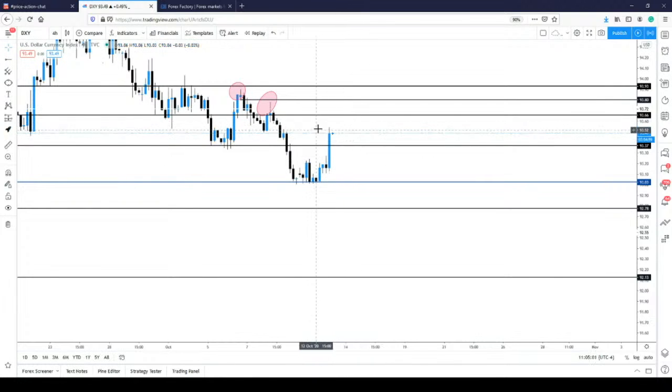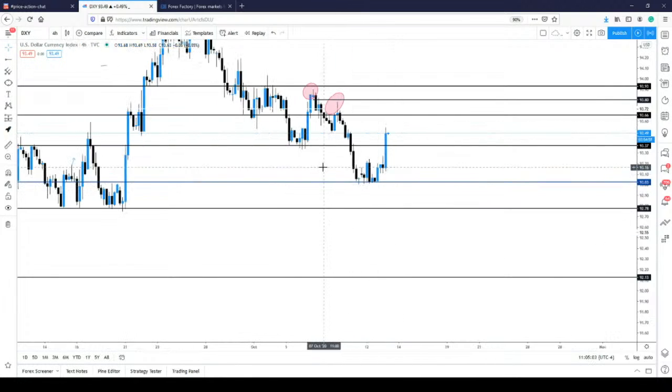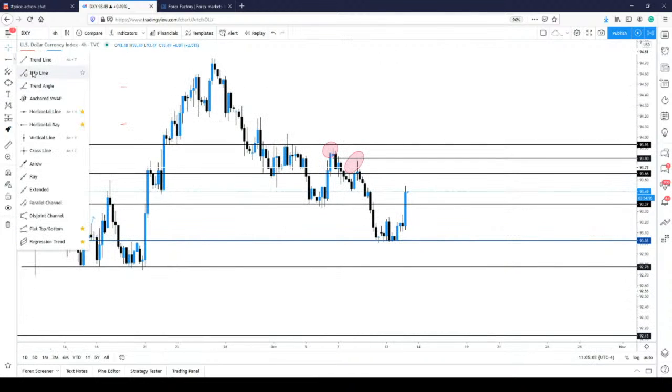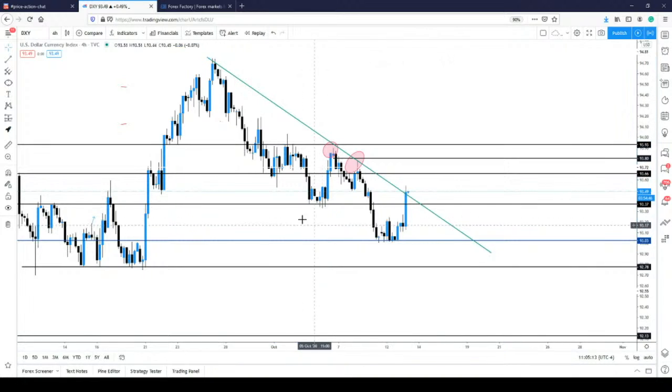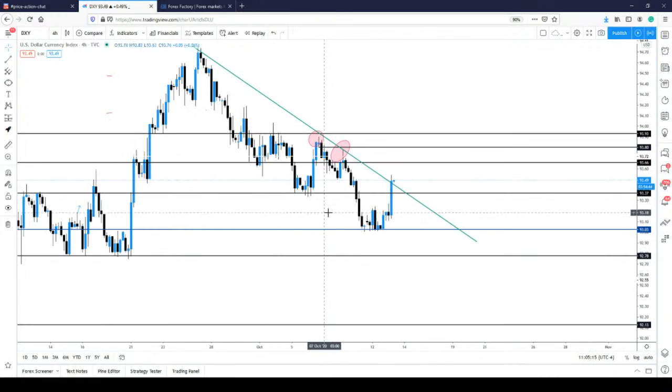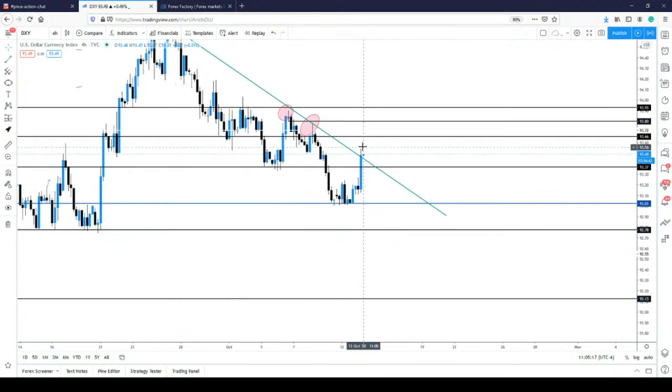I do think we should see a continuation down, right? If you want to use a basic tool like a trend line to understand this, that's fine. Connect the wicks. So here's a trend line, and technically we've broken out of it, but there is a high occurrence where price breaks out of a trend line, fakes people out, and then immediately comes back in.